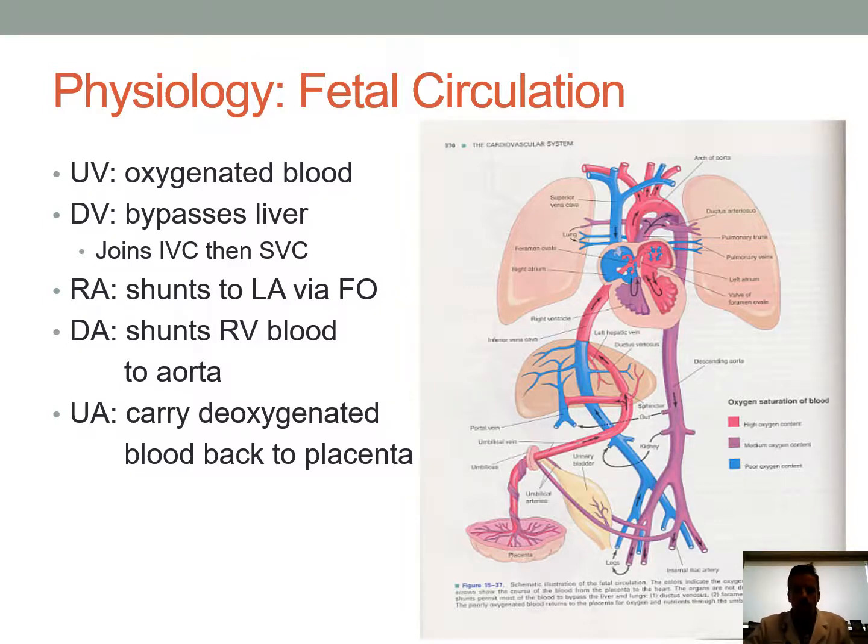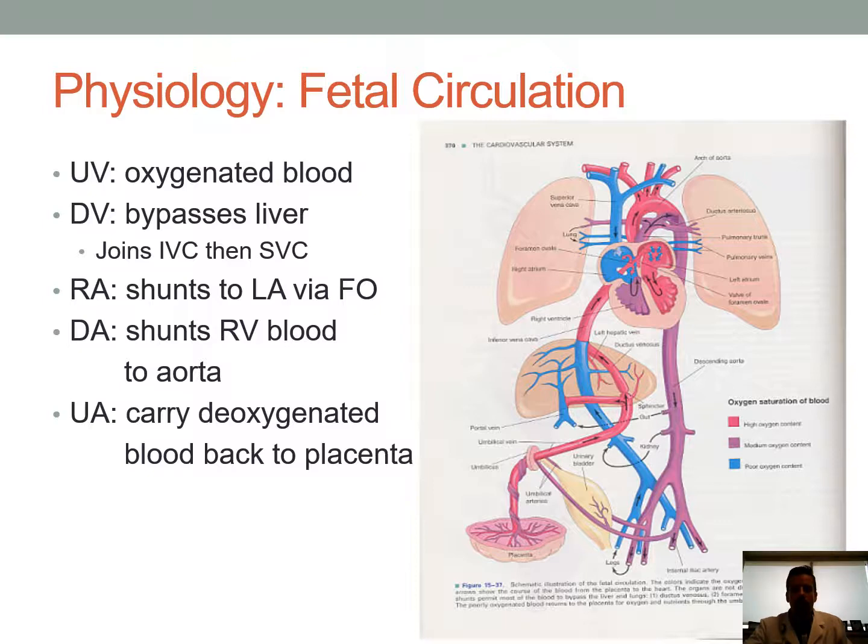The structure of veins and arteries in the fetus is just the same as it is in us, right? Arteries have a smooth muscle wall, veins are floppy. But the function in the umbilical vessels is different. Here, the vein is carrying the oxygenated blood and the arteries are carrying deoxygenated blood.